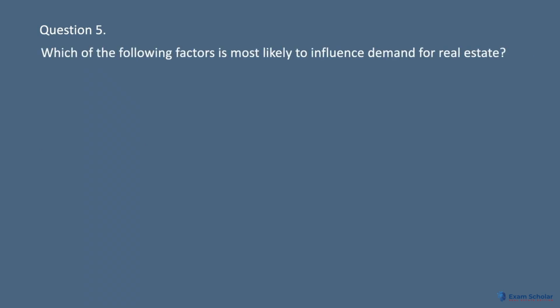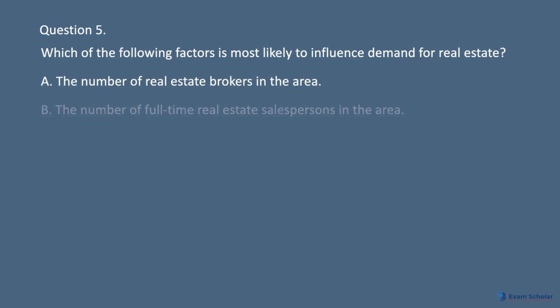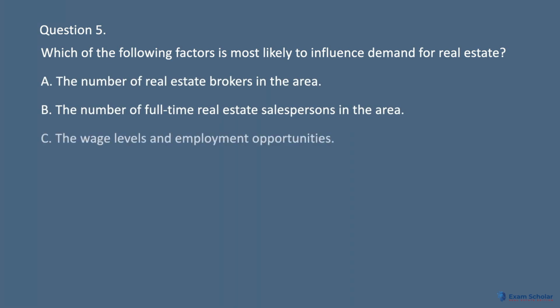Question 5. Which of the following factors is most likely to influence demand for real estate? A. The number of real estate brokers in the area. B. The number of full-time real estate salespersons in the area. C. The wage levels and employment opportunities.